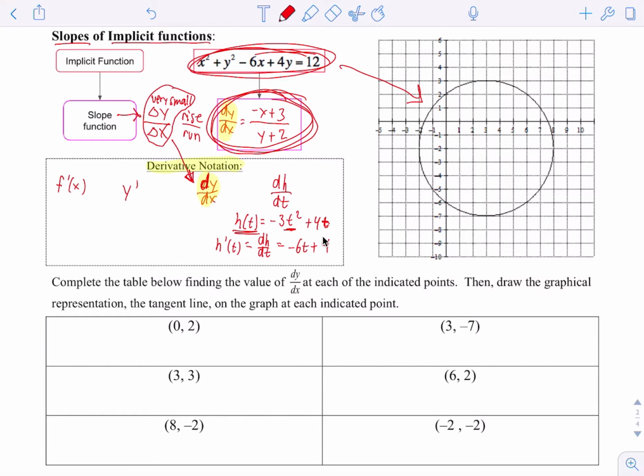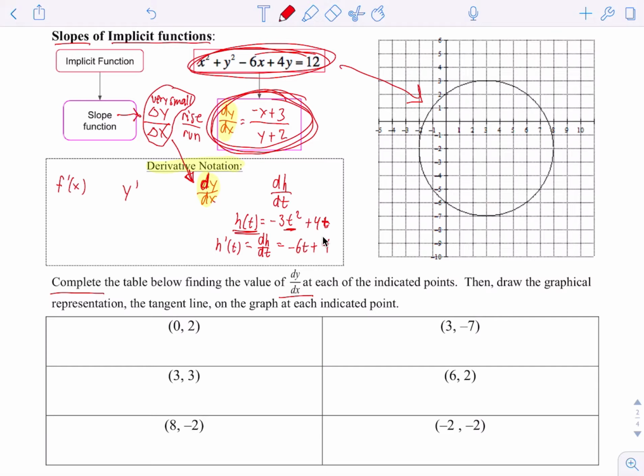Let's look down here at the next directions. It says complete the table below, finding the value of dy dx, which is our slope, at each of the indicated points. Then draw the graphical representation, the tangent line on the graph at each indicated point. So let's just look at 0, 2 first.